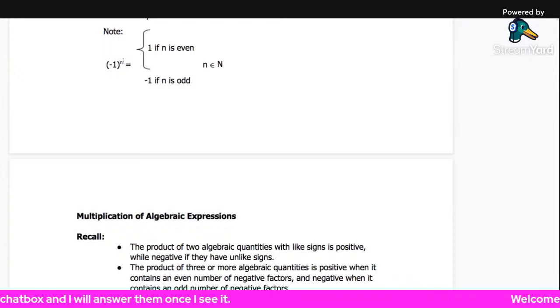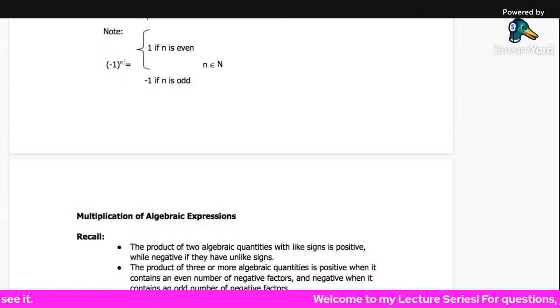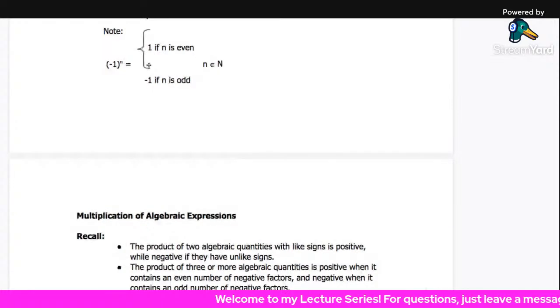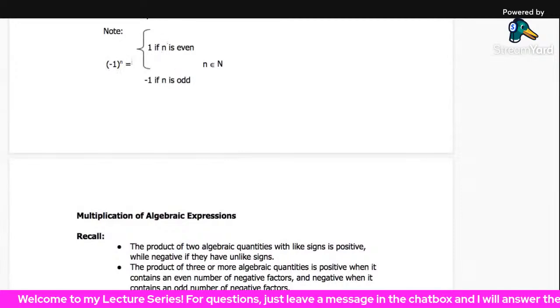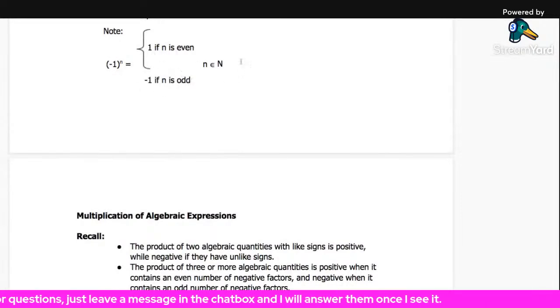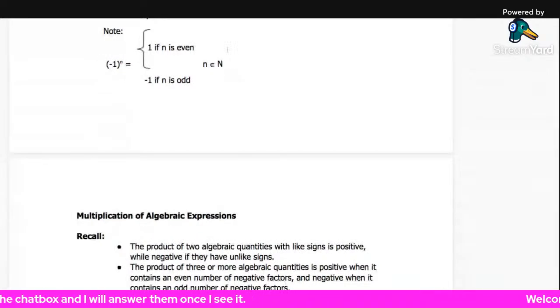It could become 0. And if it's 0, then this one does not hold anymore because any number raised to 0 is 1. So this will not hold because 0 is neither odd nor even. So we have the restriction that n is an element of the natural numbers, or counting numbers.